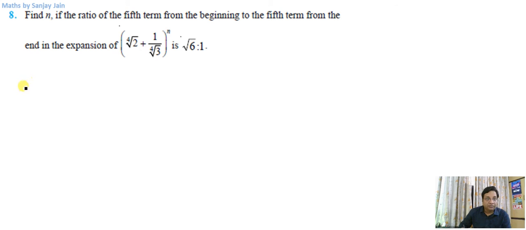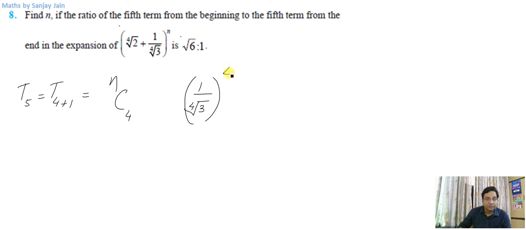I need to find the fifth term from the beginning, so I'll be finding t5, that is t4 plus 1, which will be equal to nC4 (1 by the 4th root of 3) raised to power 4, right? And this term raised to power n minus 4. This will be the fifth term, right?